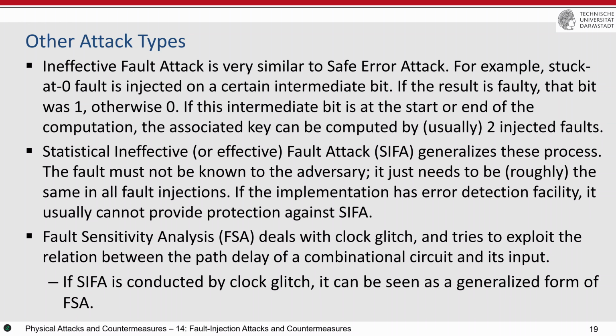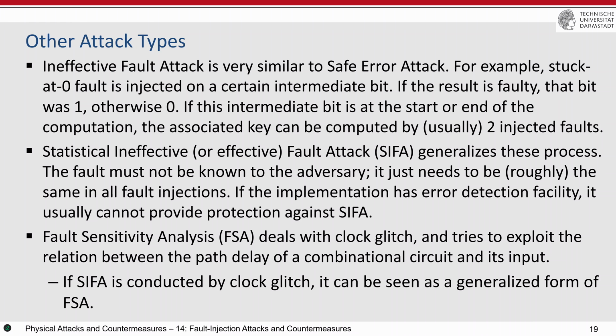You make a model, an S-box input, Hamming weight of the S-box input, or the bits of the S-box input, and then you run the attack. But it's actually looking at the distribution of the input of the S-box, for example, and it's similar to SIFA. And if you run the SIFA by clock glitches, it is seen as a better way of explaining why FSA works.